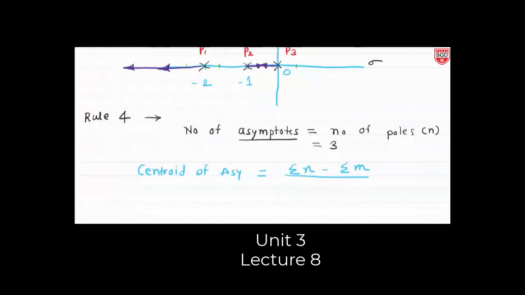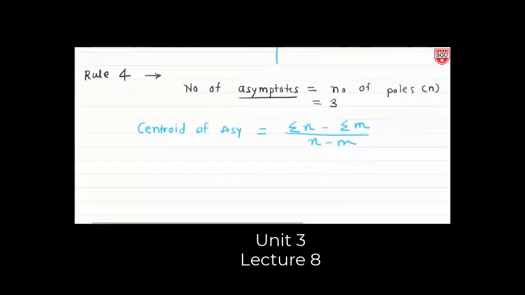Then later we will find the angle. Before that, we will find the centroid. Here, how many poles are there? Poles are located at 0, -1 and -2. What will be the sum of this? This sum will be -3.